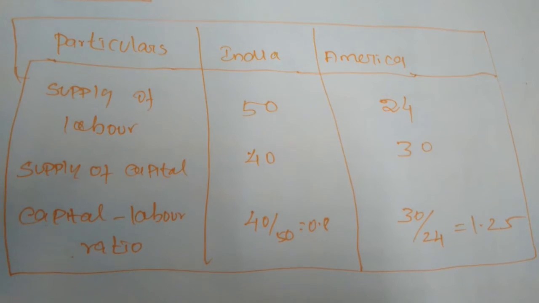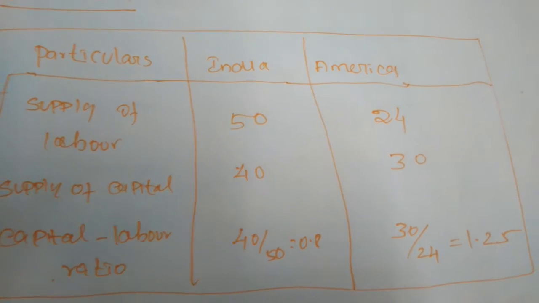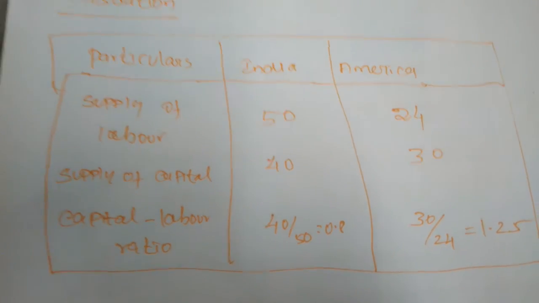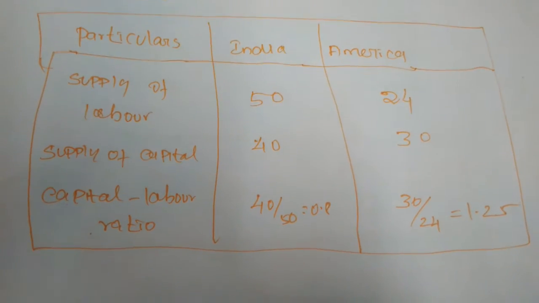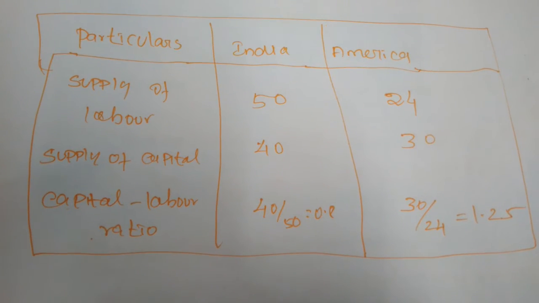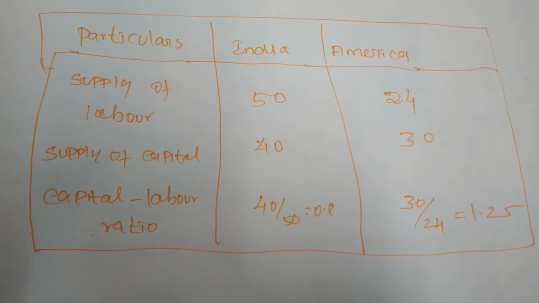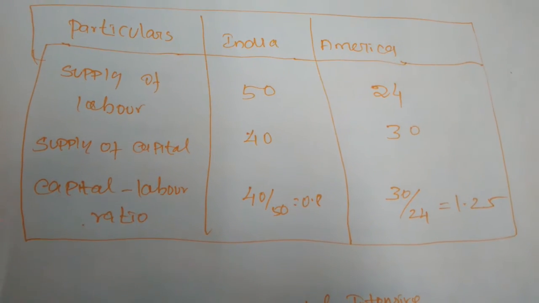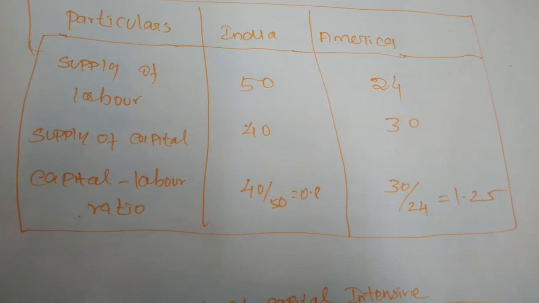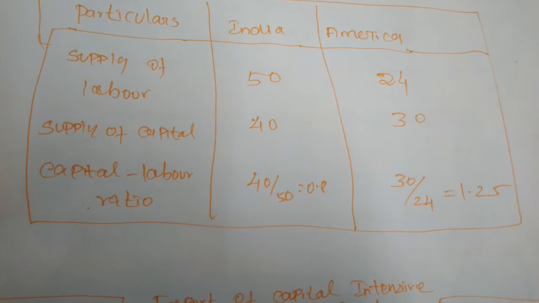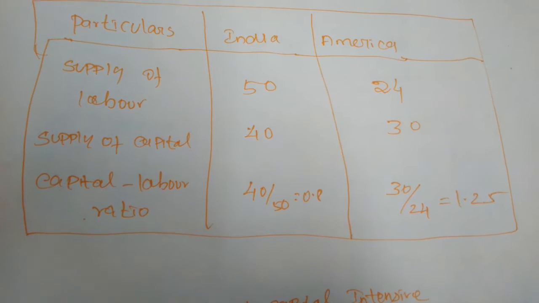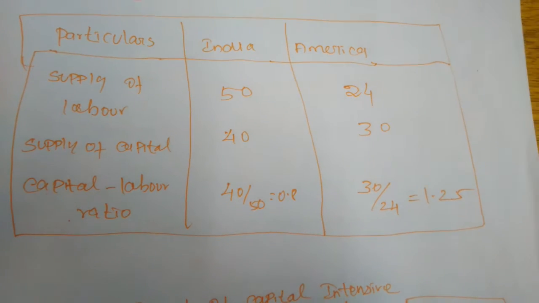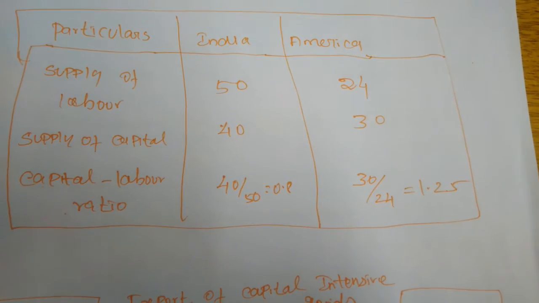A factor is regarded as abundant or scarce in relation to the quantum of other factors. If America has 30 percent of capital and at the same time labor is just 24 percent, then compared to India, India also has labor and capital, but the capital-labor ratio is very low in India, while it is high in America.